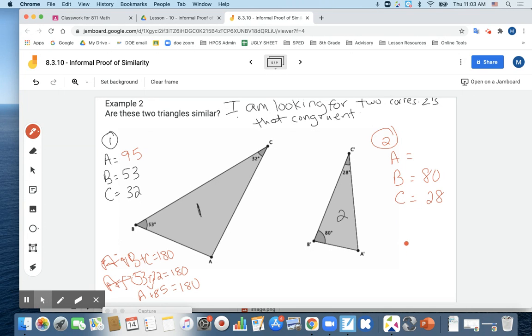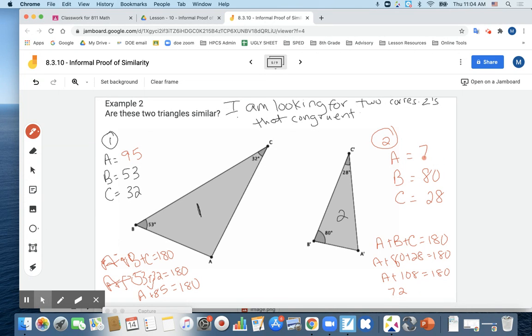And then here I'm just going to check too. A plus B plus C equals 180. I have 80 plus 28, and then I have to find A. So 80 plus 28 is 108, so A plus 108 equals 180. Now I've got to subtract, and A is 72.